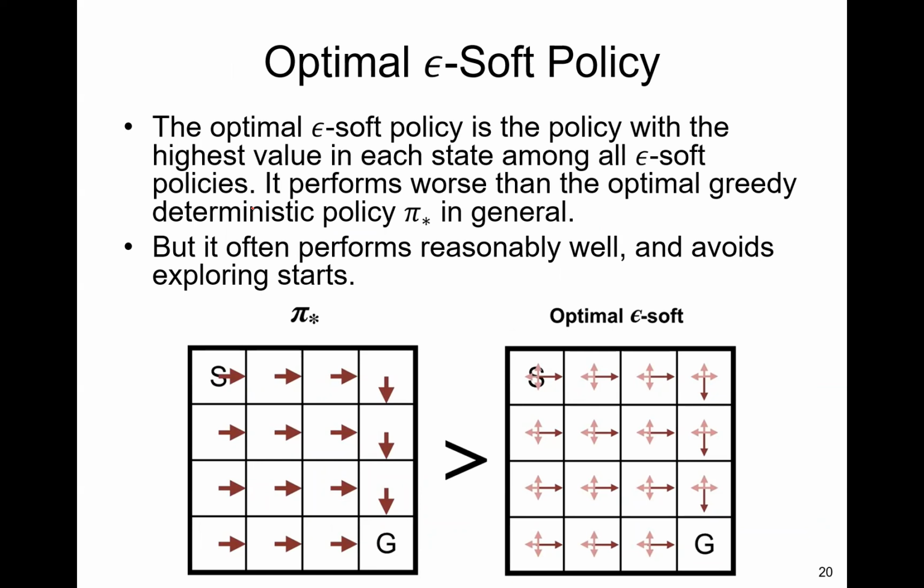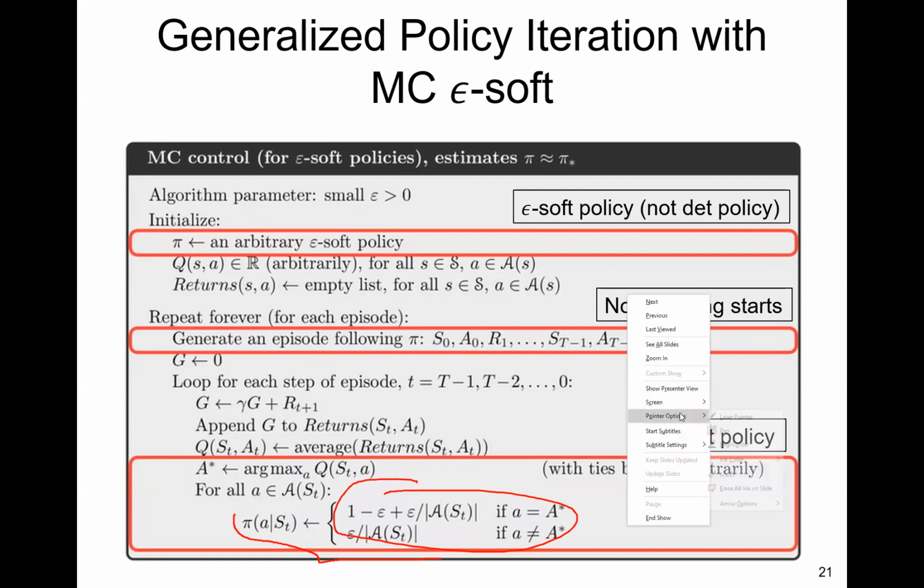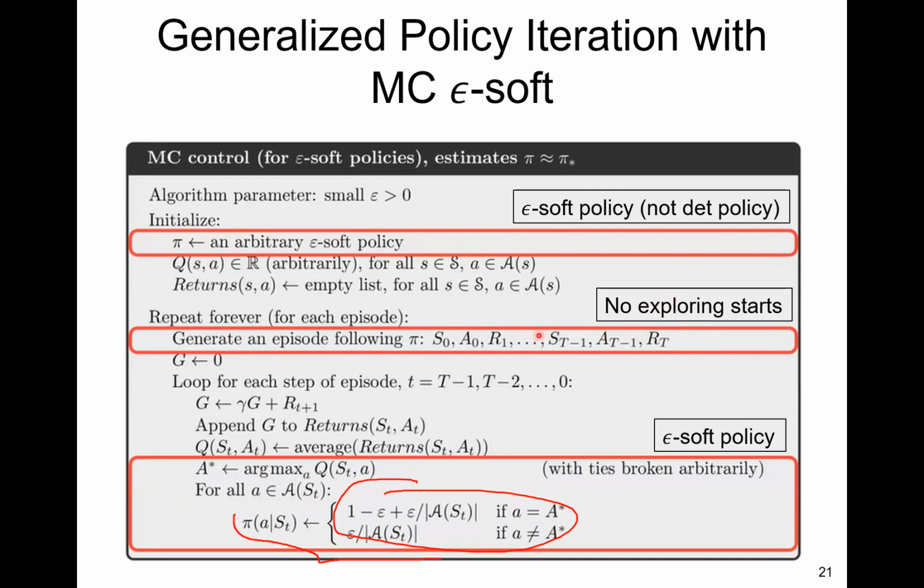It's always worse than a deterministic policy. So this is generalized policy iteration with Monte Carlo epsilon soft, where the policy is non-deterministic. Therefore, this gives you exploration. So you do not need the exploring starts for exploration anymore.